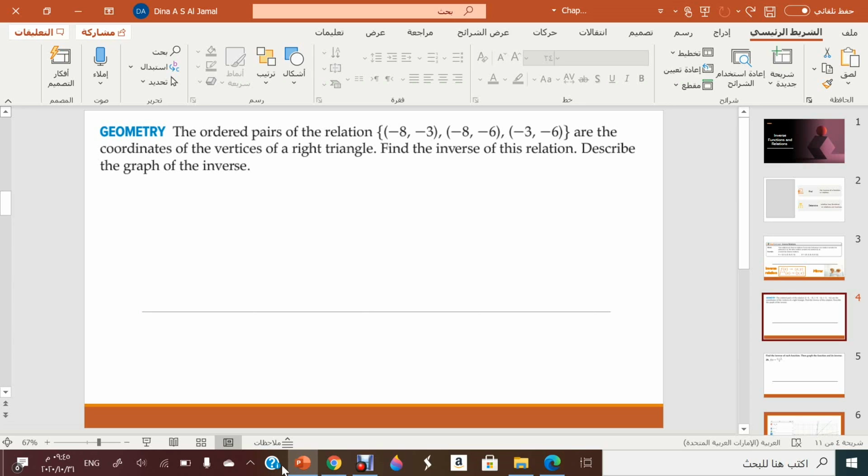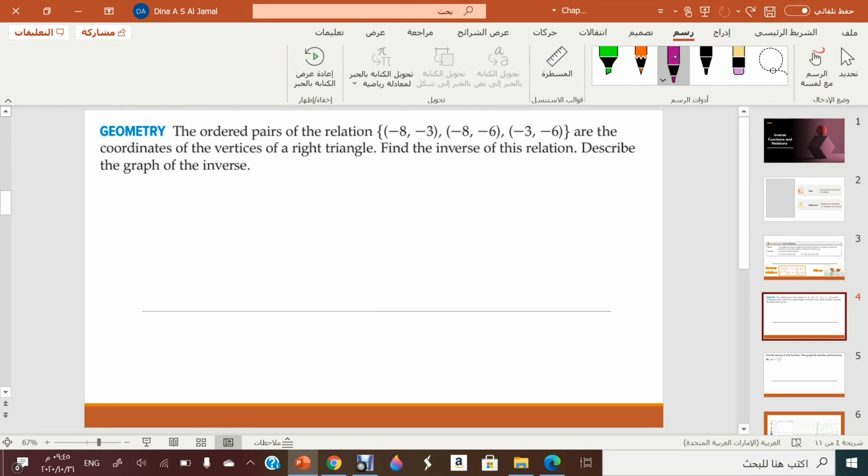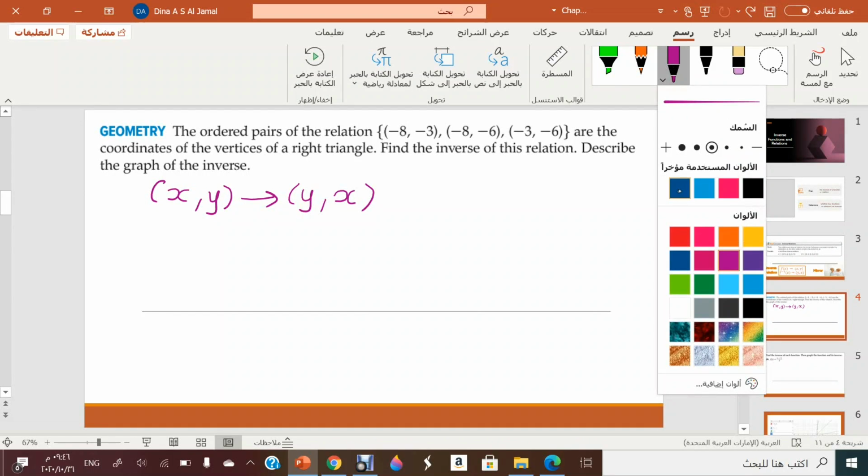So, first of all, I would like you to pause and think with me. How can I find the inverse of this relation? First of all, I would like to think of changing x and y into y and x. So it will be in this form.